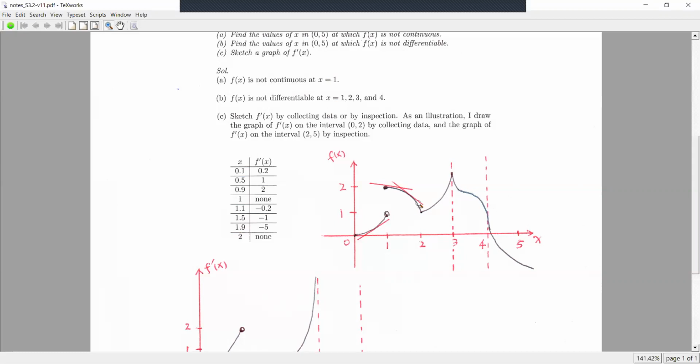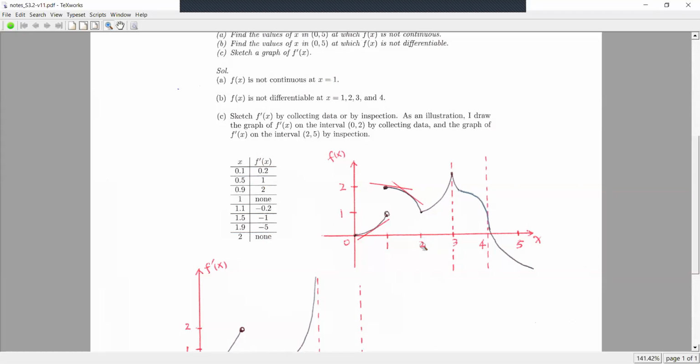At 1.9, draw a tangent line. This tangent line is quite steep, but the slope is negative. My guess about the slope is, say, -5. So the derivative at 1.9 is about -5.